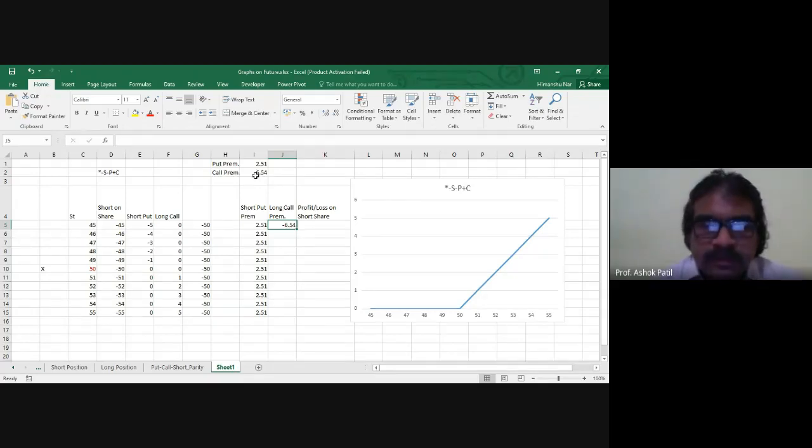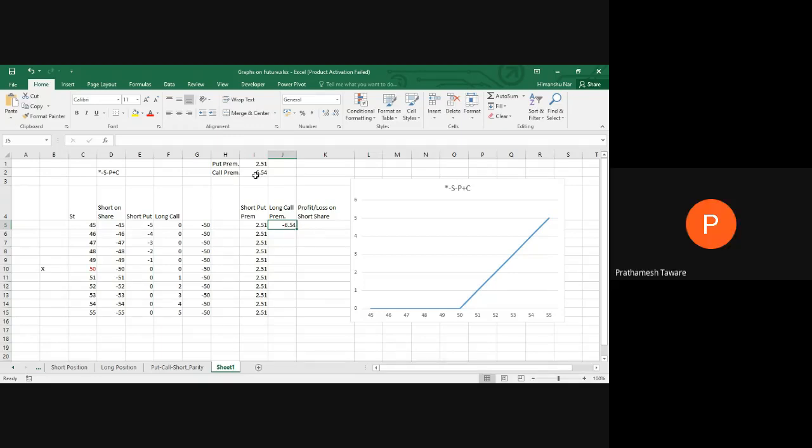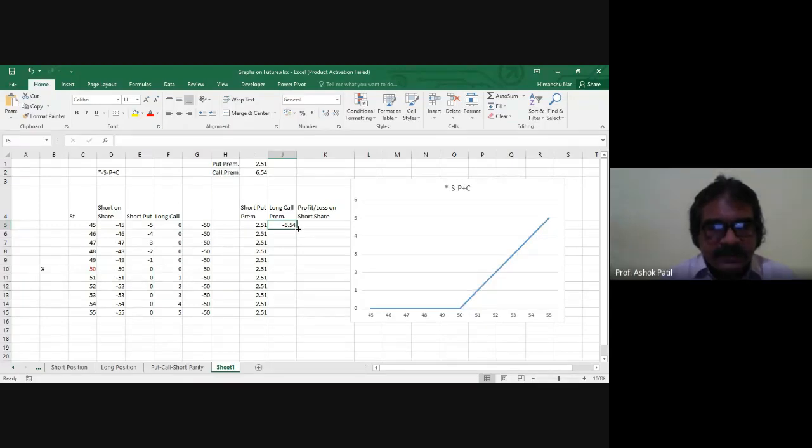So the premium which you paid in the beginning to the person for buying the call will change when the underlying price changes? Once you sign the contract, no, sir, it will not change. You bought the right. So it will remain the same, right? Yes, it will remain the same.